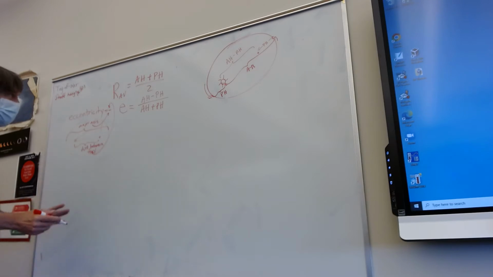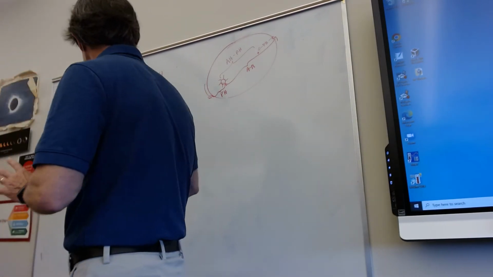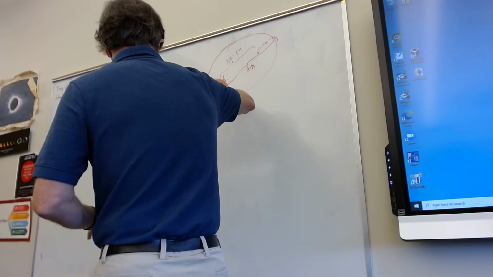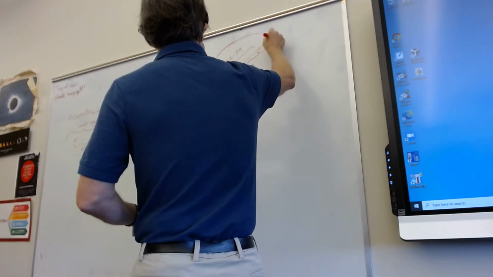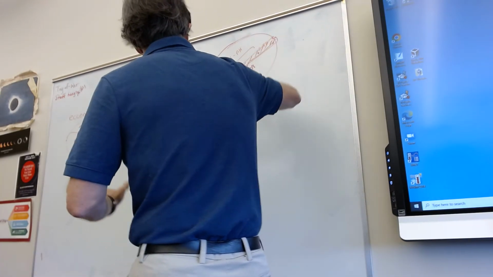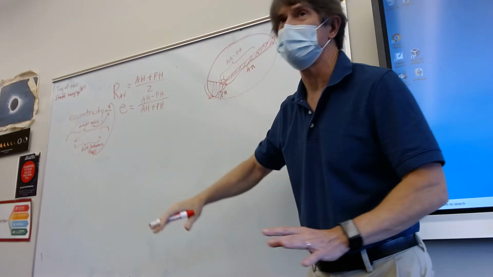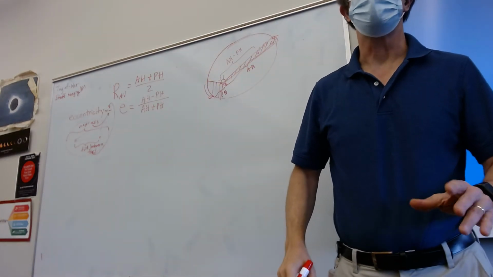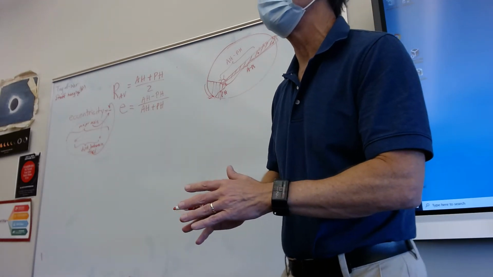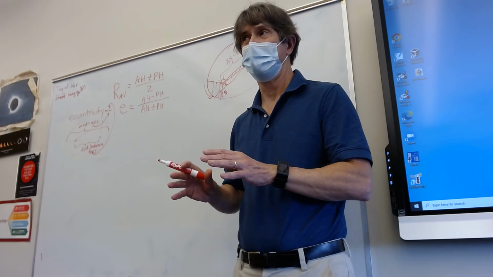Now let me write something else up here. The other thing I want to write is this. Okay, look. You remember Kepler's mom's apple pie? Yep, like this. Now, notice this is Kepler's law of what? What law am I talking about when I draw this stuff? Areas. The law of areas says the line drawn from the moving planet to the sun sweeps out equal areas in equal time intervals.